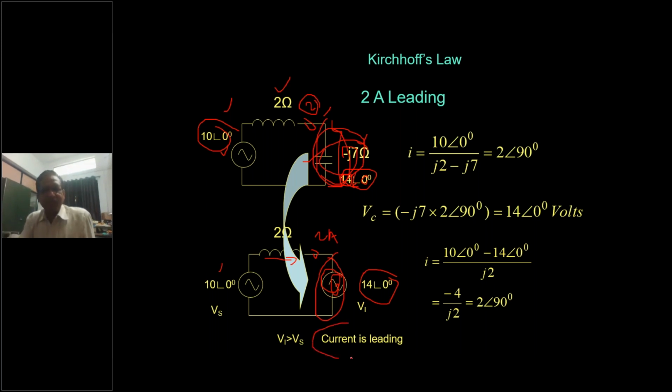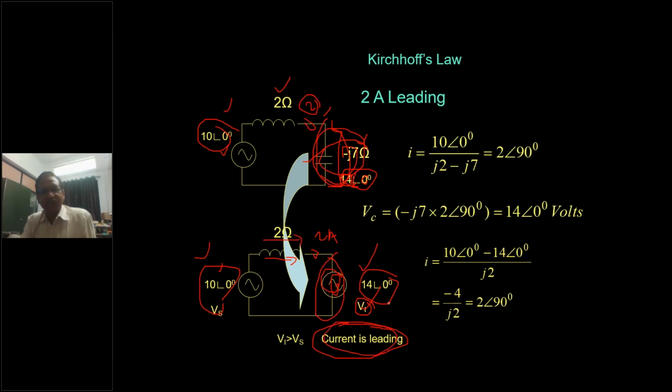What is the condition? Say I call this VI. This voltage is greater than the source voltage, the supply voltage. We must remember this: when VI is greater than VS, the current through the inductor is leading.